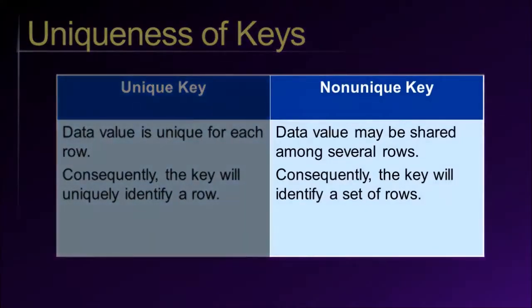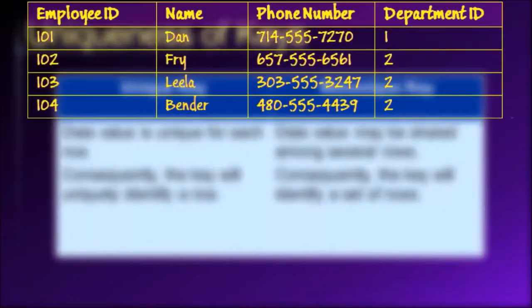On the other hand, we have non-unique keys, and in non-unique keys, the idea is that the value of the column may be the same for more than one row within the table. Non-unique keys are generally used to categorize the rows within a table into groups. For example, if I have an employee table, one of the attributes might be department ID.